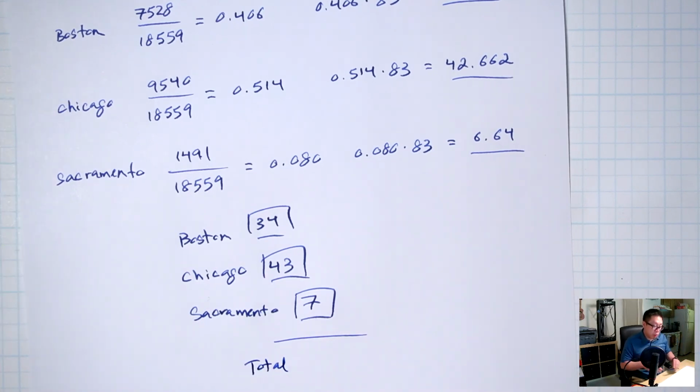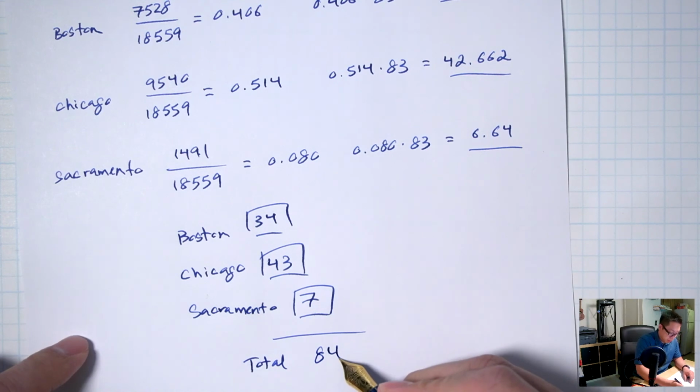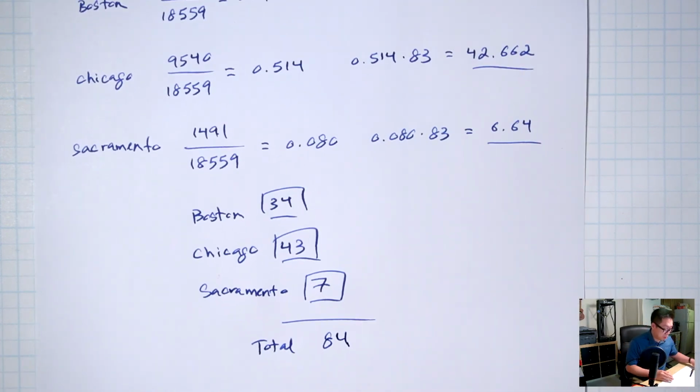34 plus 43 plus 7. Okay, I expect it to be 83, and it's not. So it looks like we're using too many buses here.